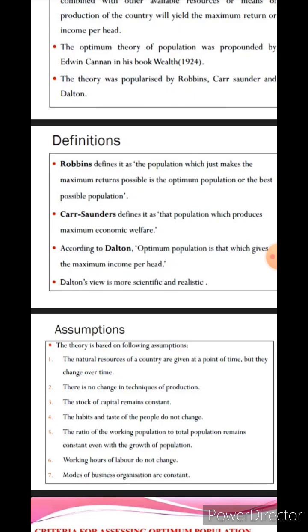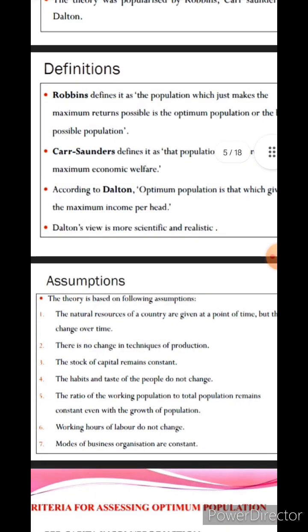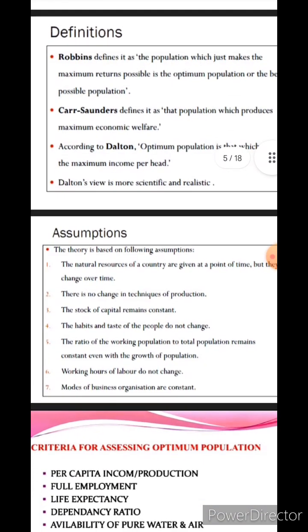The stock of capital remains constant. The habits and tastes of the people do not change. The ratio of the working population to total population remains constant even with the growth of population.